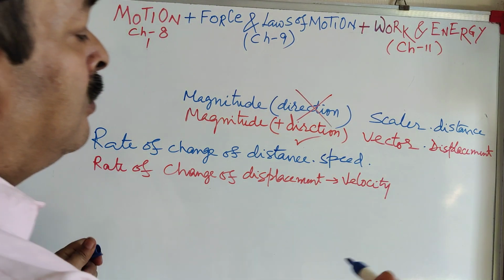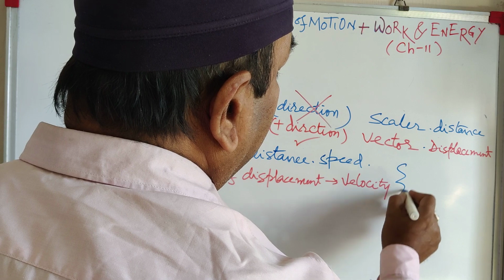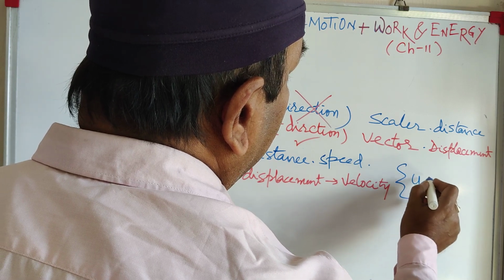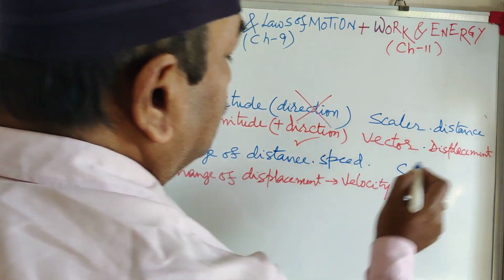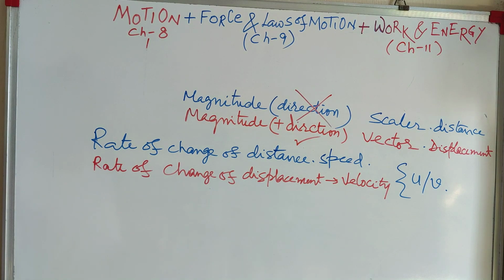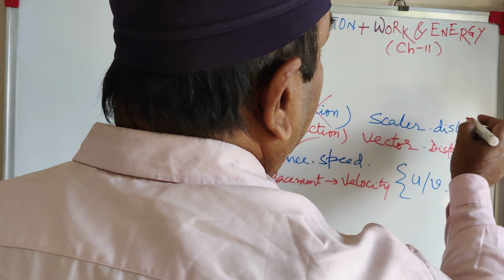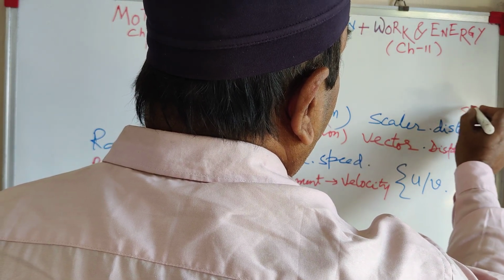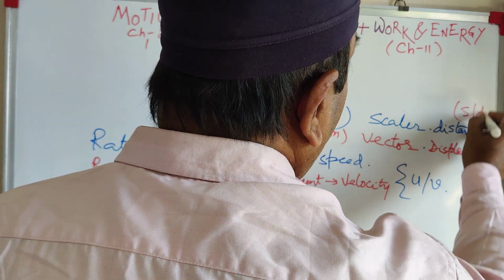But here, speed and velocity are both denoted by u or v. Distance or displacement was denoted by s or sometimes d.